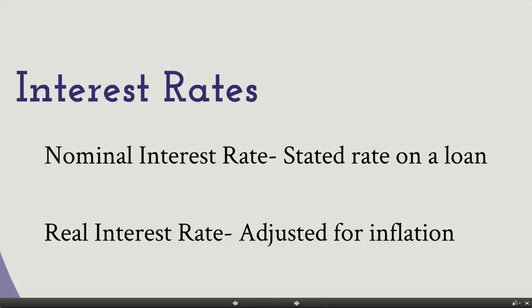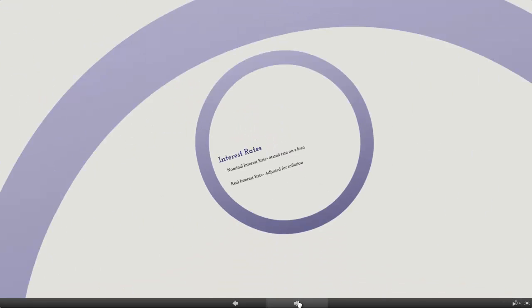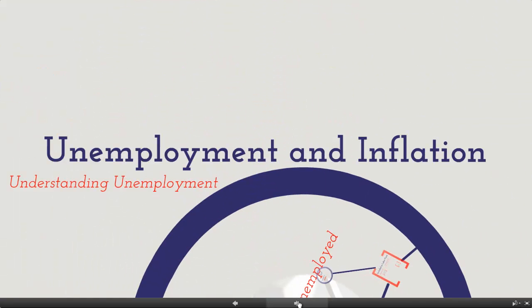I think the interest rate is 6.9% or something around that. Mortgages have hovered around 4 to 5% recently. But the real interest rate is adjusted for inflation. What that means is, I'm going to get my money back a year later. It's not worth the same as if I got it today. So a real interest rate is adjusted for inflation. This is a general overview of unemployment and inflation.